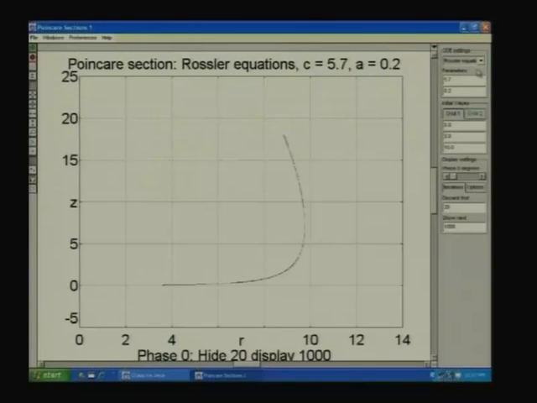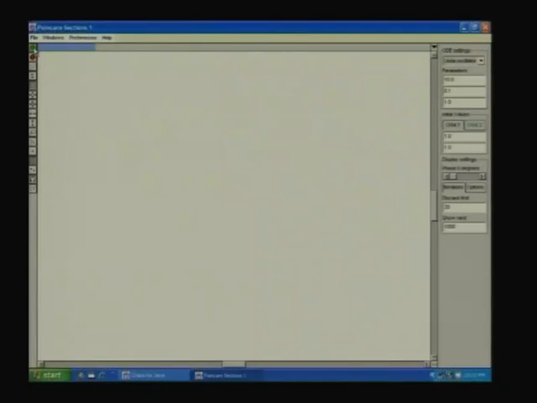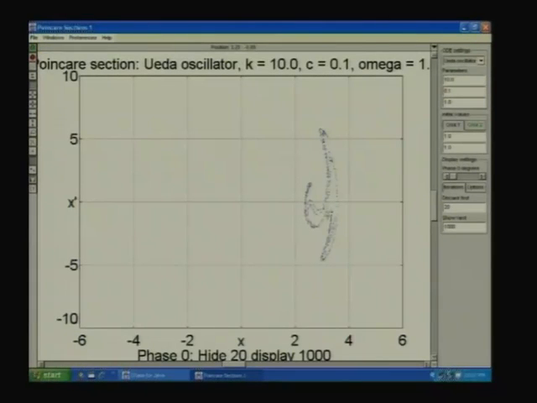If you take a different equation, say another system, I will make a larger number of points to make it clearer. See, a specific structure emerges. I will make even larger number of points so that it becomes even clearer.